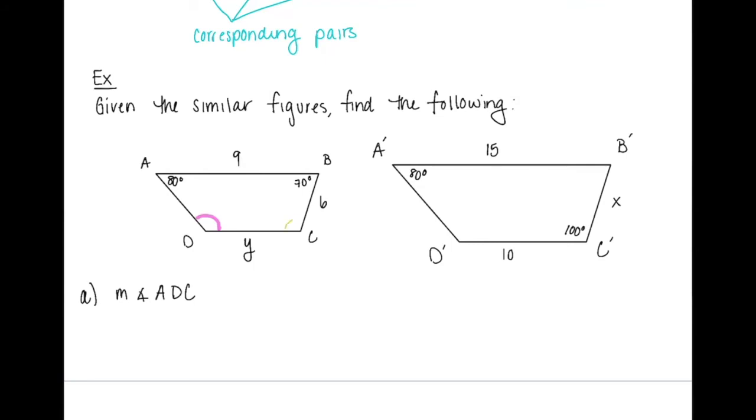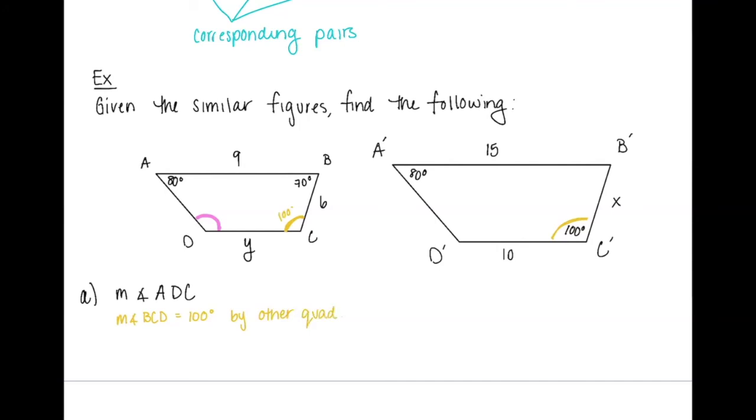Because these are similar, these two should be the same, so this should also be 100 degrees. So the measurement of angle BCD is equal to 100 degrees by the other quadrilateral.